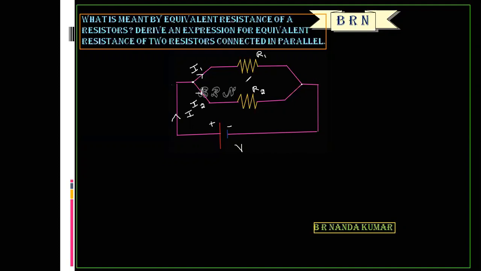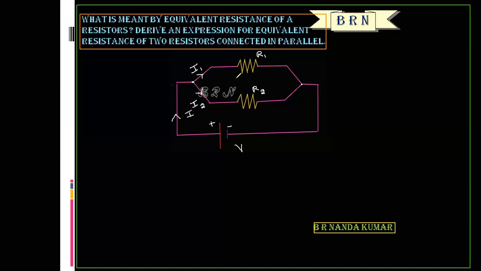In series combination of resistors, current flowing through each resistor is the same. Potential difference across each resistor is different. The net potential difference across the combination is equal to the sum of potential differences across the individual resistors. That is actually the voltage divider circuit.